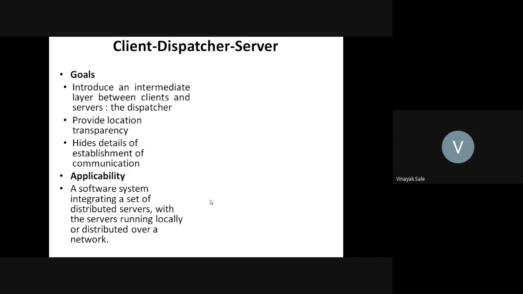What are the applications, or where is it applicable? A software system integrating a set of distributed servers, with servers running locally or distributed over a network.